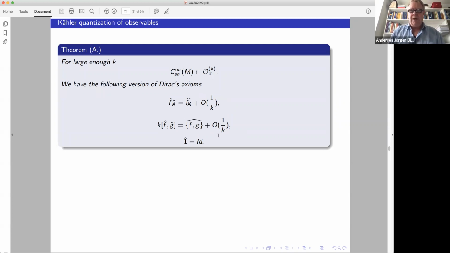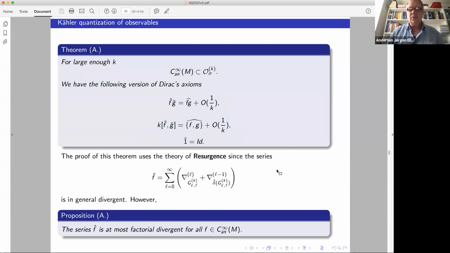Now, let me just very quickly make a few remarks about how this works. So if you just look at this series here, and you assume that you have a real analytic function f, then it turns out this series is divergent. But it turns out, however, that it is only factorially divergent.